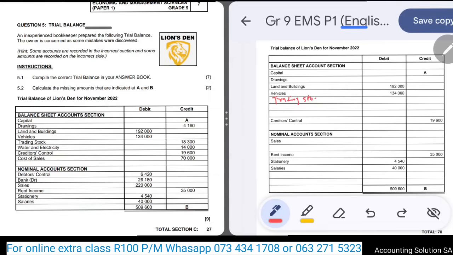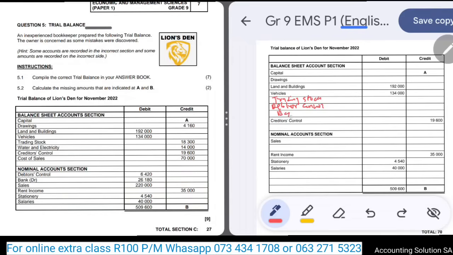Which means that we have to start with this. Trading stock and the debtors control. If you check debtors control, they put it under the nominal account section and it does not fall there. It falls under balance sheet. Debtors control as well as bank. Bank does not fall under nominal, guys.